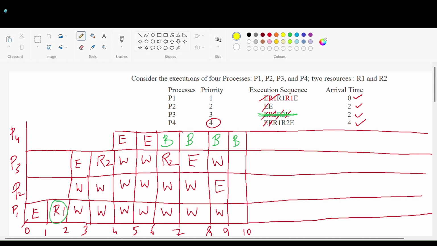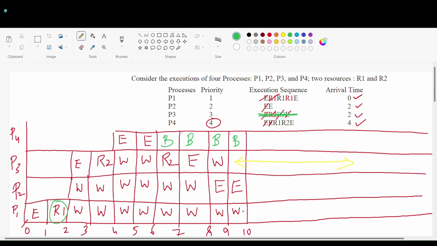Now process P3 is finished, so P3 has finished its execution and exits from the system, right? Now there are two processes in the system, P1 and P2. P2 still has high priority, so P2 will execute now, and P1 will go to the waiting state.